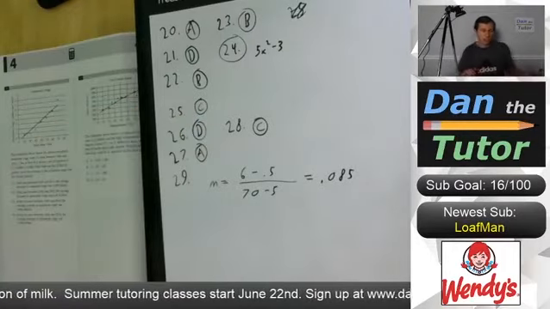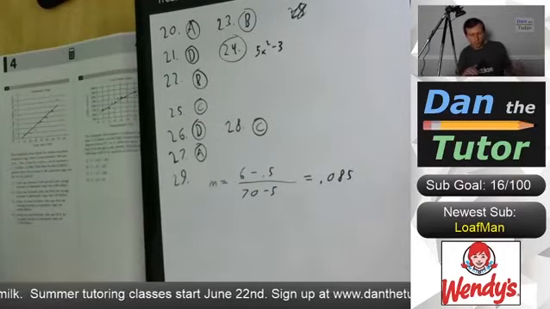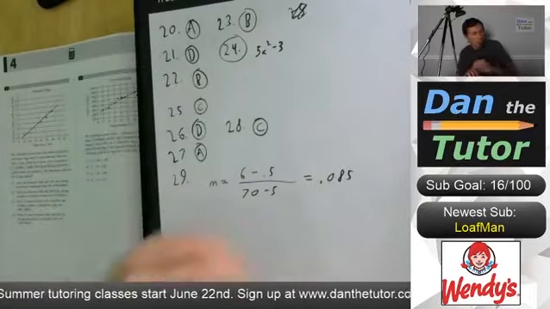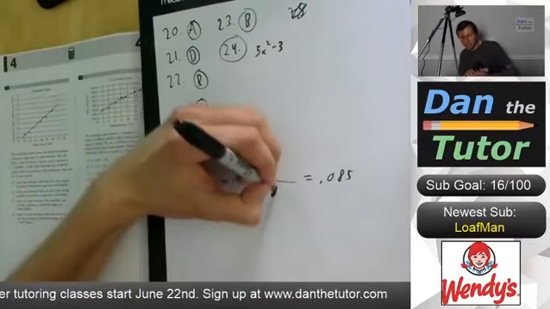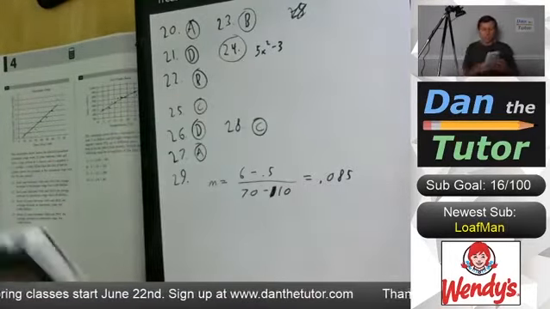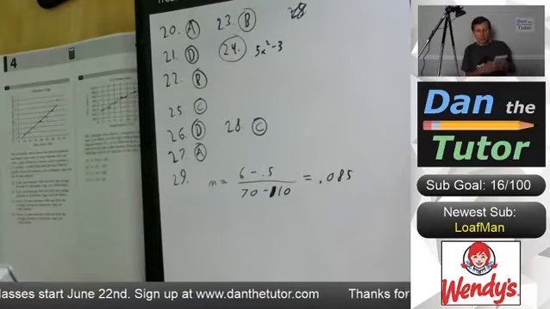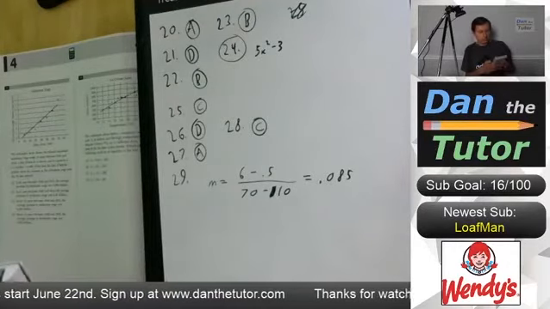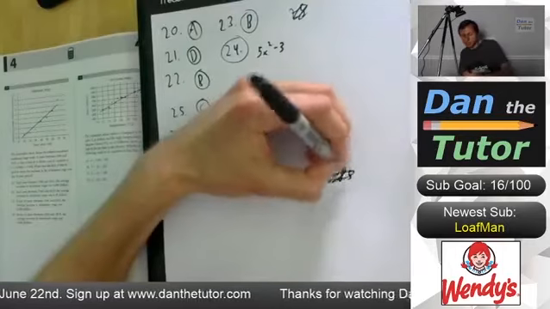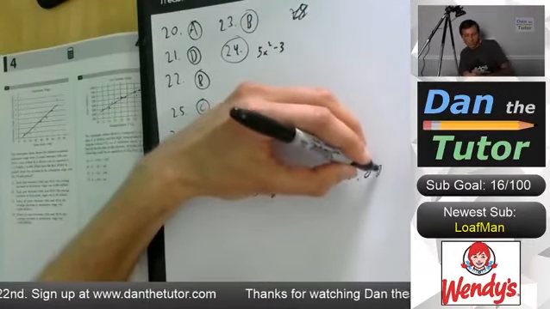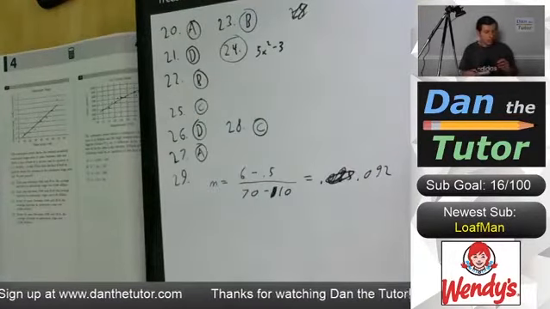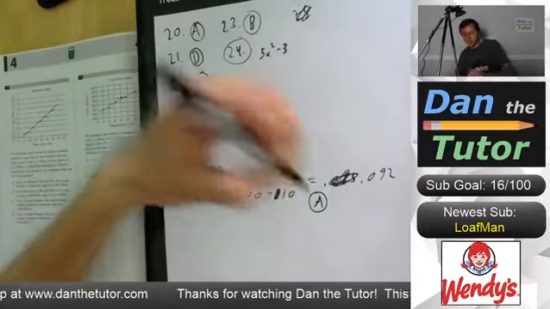Honestly, it really just depends on what 2 points you pick, and I chose 2 points that happen to be that. Oh, and I chose 10, didn't I? That's supposed to be 10. How does that change the answer? 5.5 divided by 60, 0.091, 0.092. And yeah, that's very close now to answer choice A.